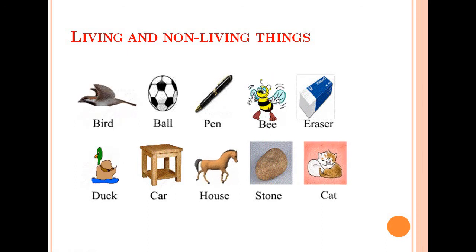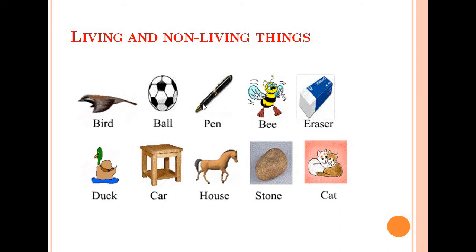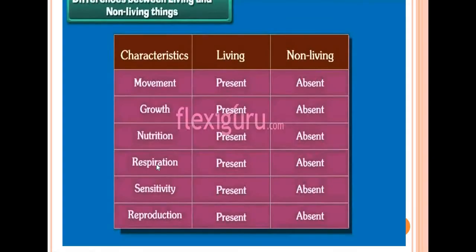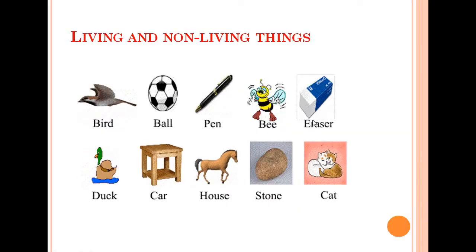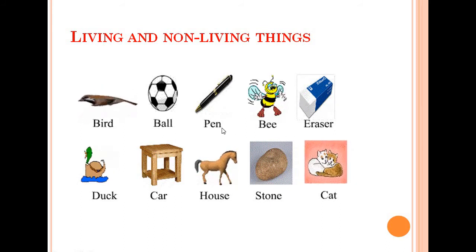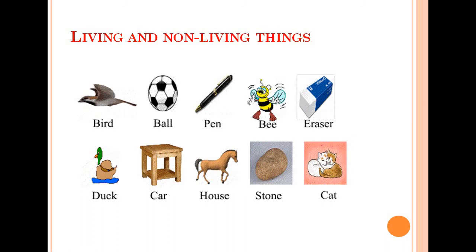So these are living organisms, while the other objects like ball, car, eraser, stone, pen are not showing any movement. So these are non-living things. So this is one of the differences.